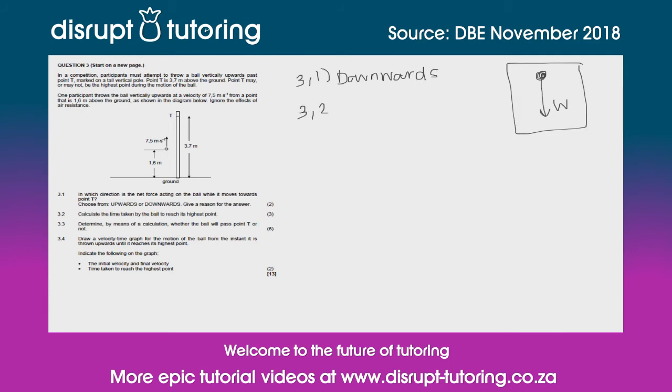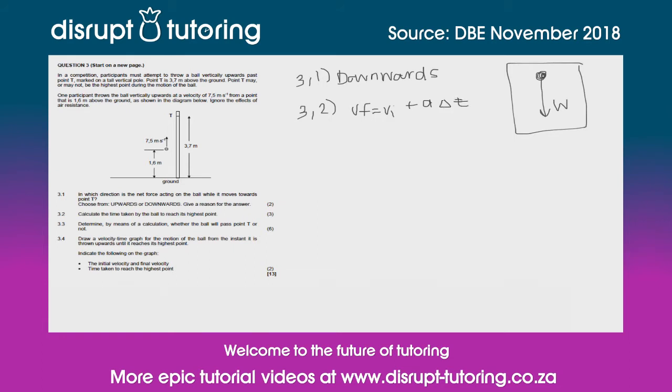3.2 says calculate the time taken by the ball to reach its highest point. You can choose a number of equations of motion here, but the one that stands out to me is the final velocity is equal to the initial velocity plus acceleration times change in time.